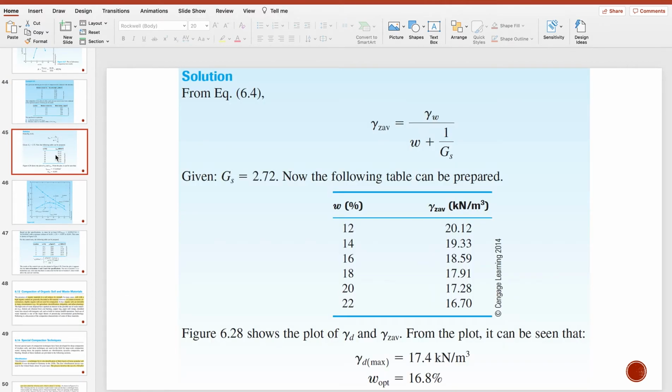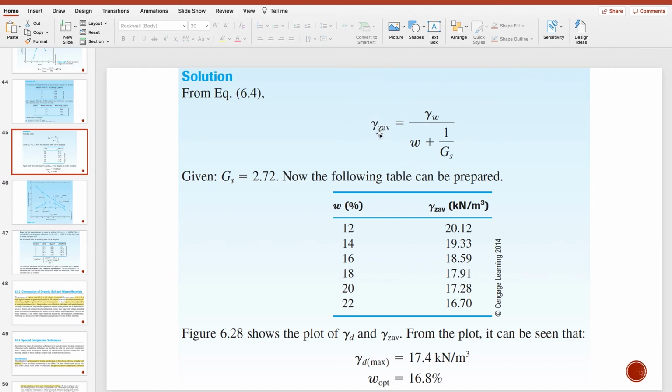Okay, so what do we know? What do we need to do? Is to determine the zero air void unit weight. So, gagamitin natin is magsasaturated tayo. So, we will be using this formula.